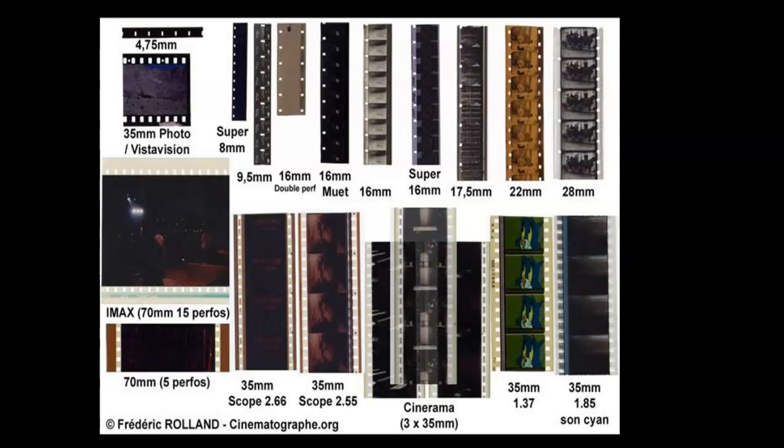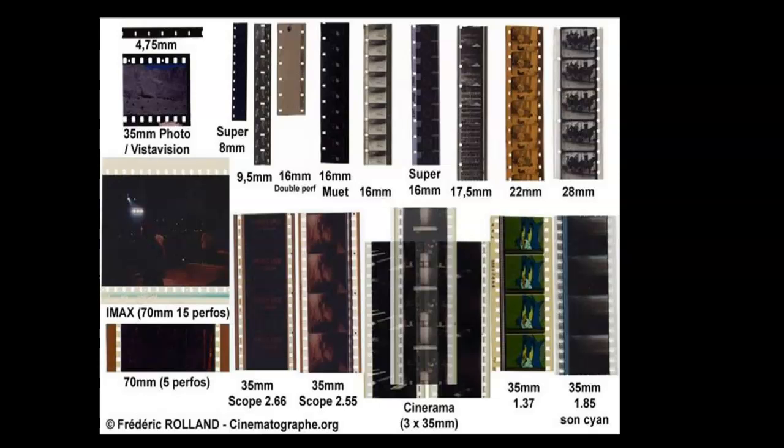IMAX, interestingly, takes 70 millimeter film and runs it through the camera on its side, and what that allows for is a much bigger and much squarer image. But again, the resolution just bumps up dramatically.